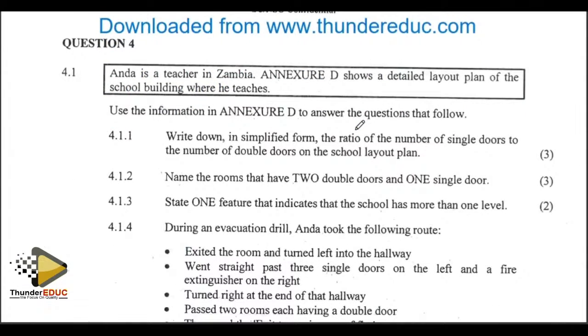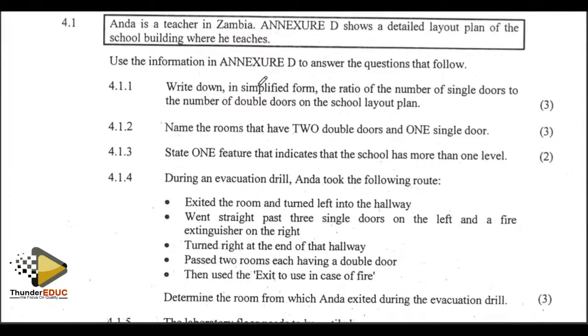Question number 4. Anda is a teacher in Zimbabwe. Next year, this shows a detailed layout plan of the school building where he teaches. Use the information in the next year, D, to answer the questions that follow. Write down, in simplified form, the ratio of the number of single doors.